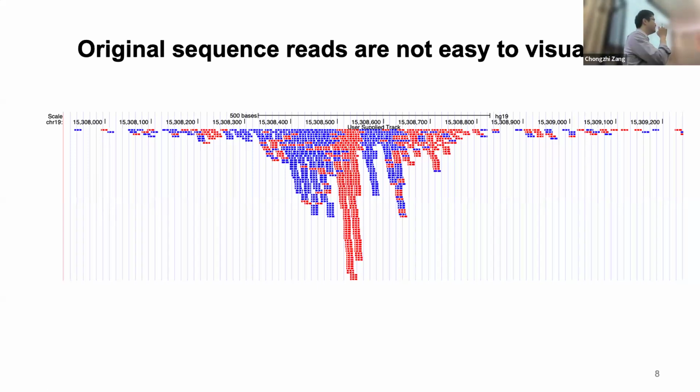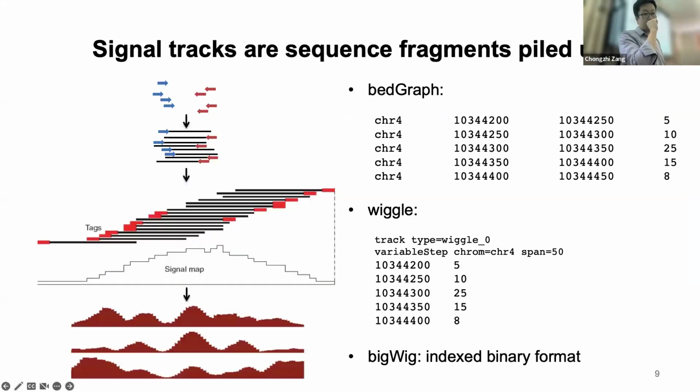Now, how to visualize this type of data in a more straightforward way? What people do is generate these signal tracks. So how are these tracks generated? At the beginning, we have the short sequence reads, and if they are paired, we directly know the entire DNA sequence.